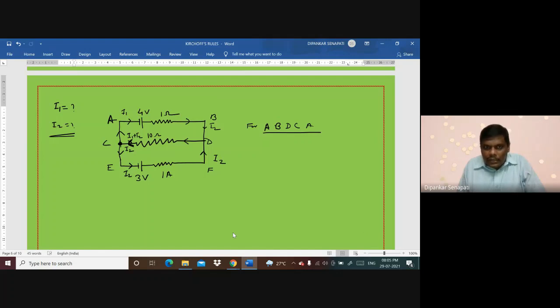Here we are going from the negative terminal to the positive terminal, which means there is a rise in potential, and a rise means plus.